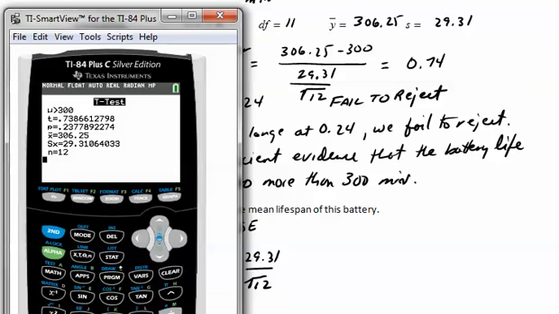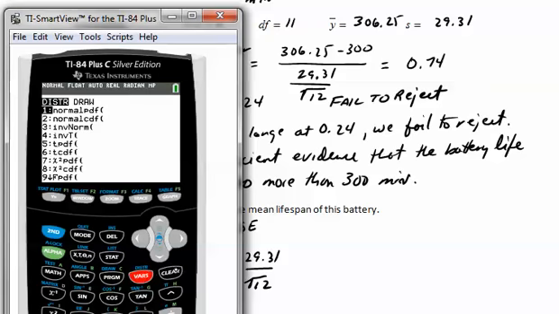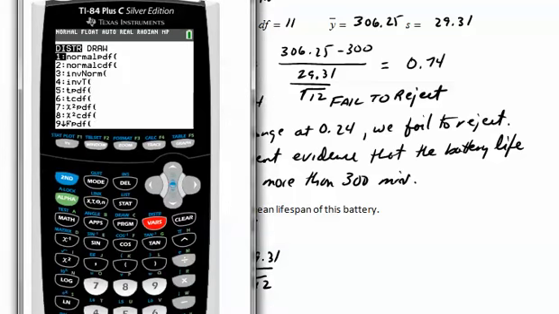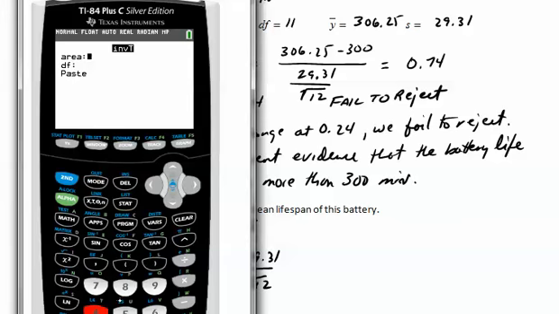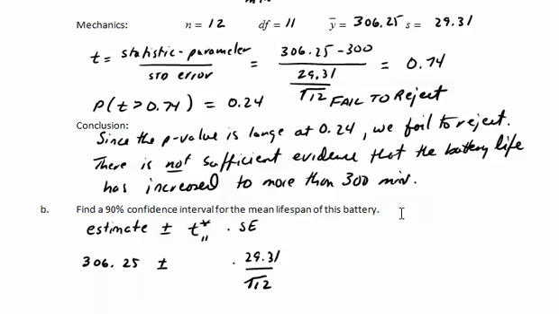To do that, what I'm going to do is go to second distribution and go to inverse t. Since I want a 90% interval, and I think a lot of students got confused on this, what I'm looking at here is the 0.95 as the upper t value.